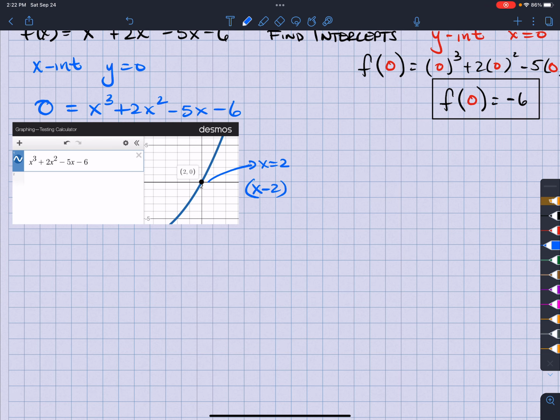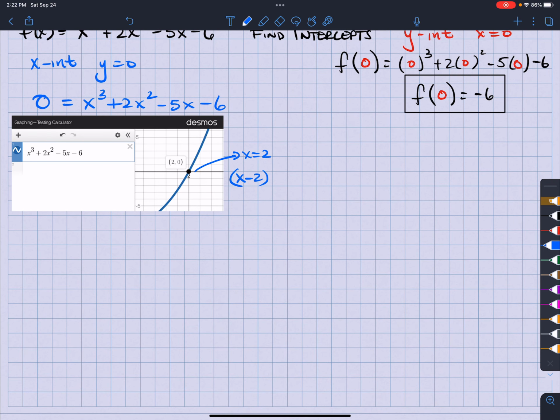So now what I'm going to have to do is use the x minus 2 and do the long division. So I do x minus 2 and divide into x to the third plus 2x squared minus 5x minus 6. All right, so how many times does x go into x to the third?